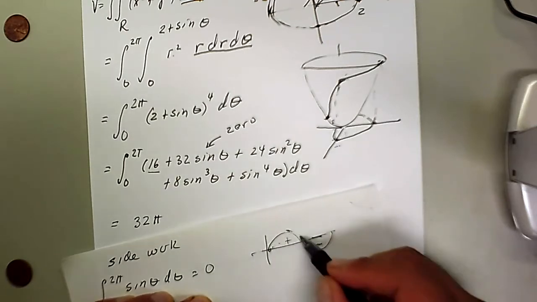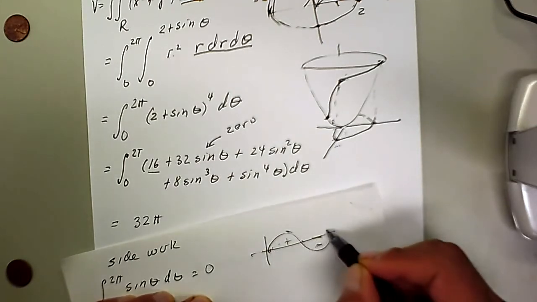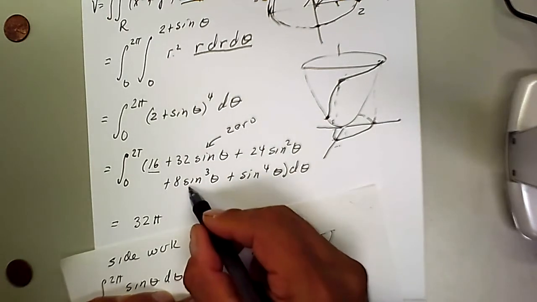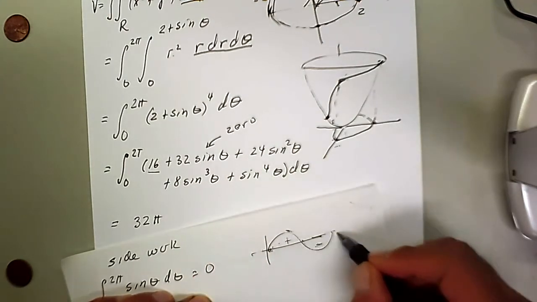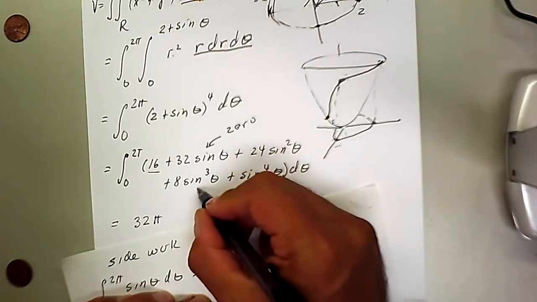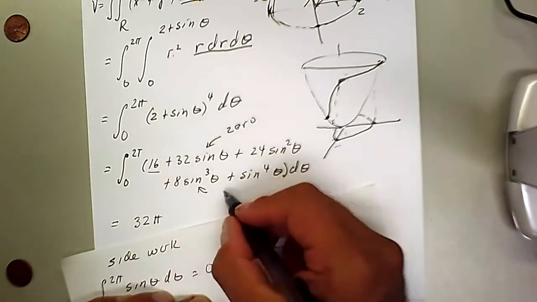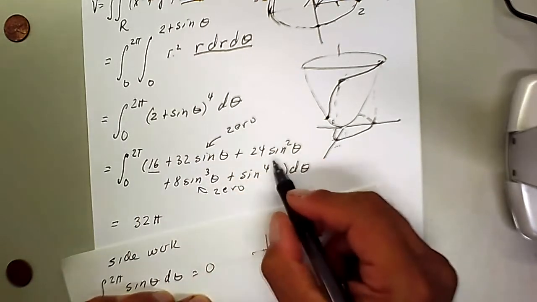So the picture is not going to be exactly like this, but it is going to be similar. This is an odd function, a periodic odd function. So when we go from 0 to 2 pi, we're going to end up with 0. So we don't have to worry about those two terms.